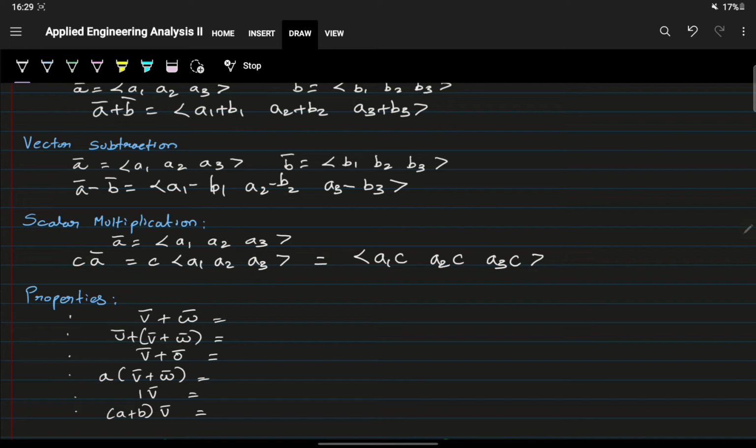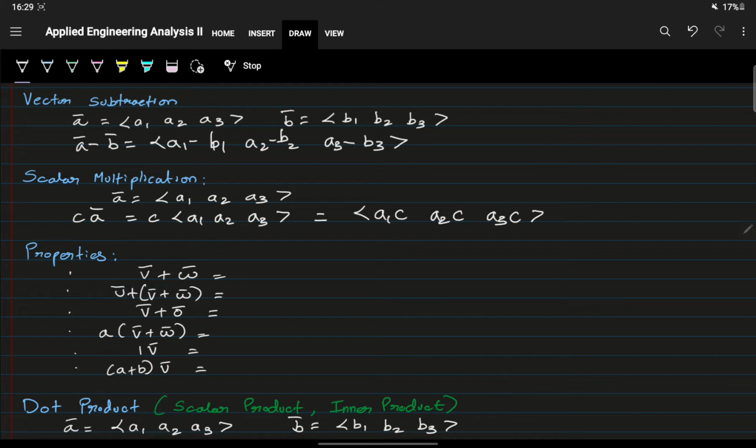Now let us see some properties of vectors. V bar plus W bar is equal to W bar plus V bar. And U plus V plus W is also equal to U plus V plus W, grouped differently.